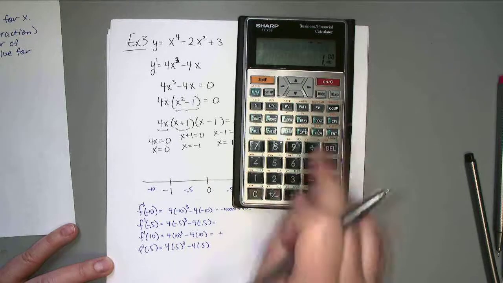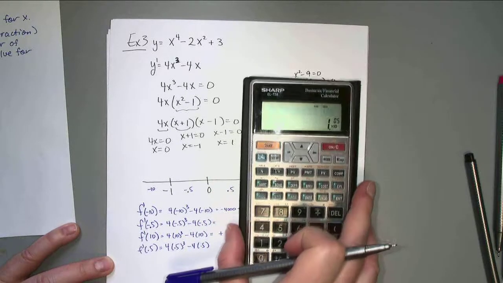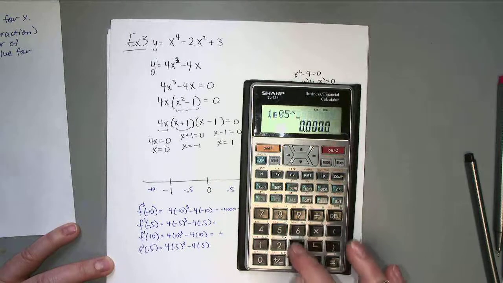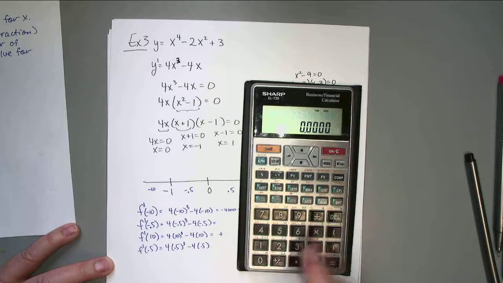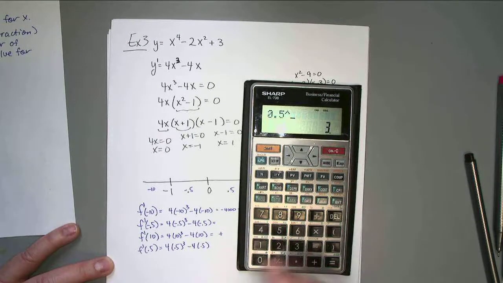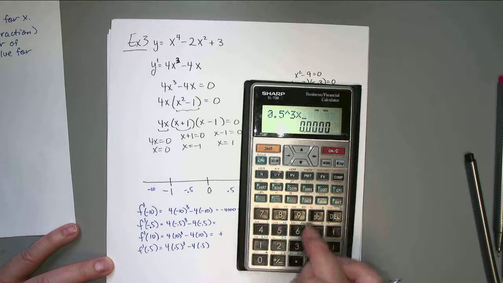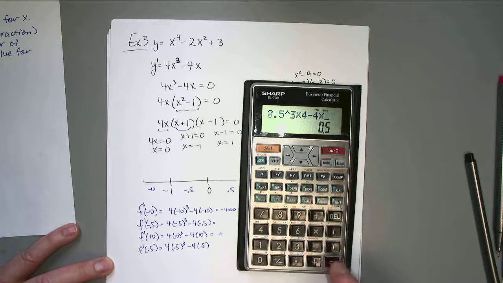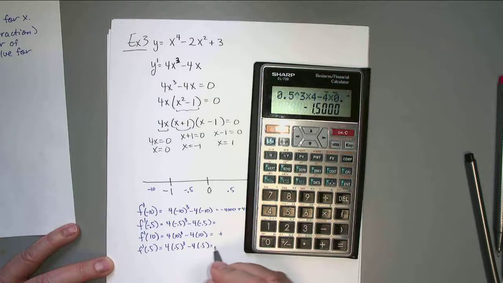Okay, so 0.5 cubed. This isn't my usual calculator. Oops, got something weird going on. 0.5 cubed times 4 minus 4 times 0.5. So this one gives me negative 1.5. It doesn't matter the answer.